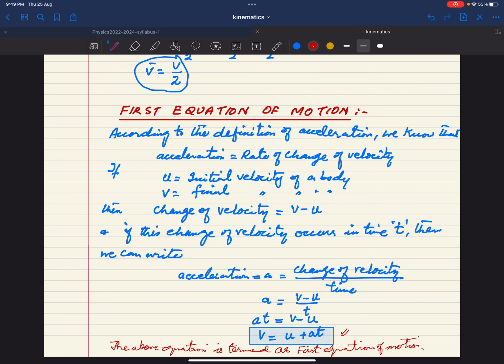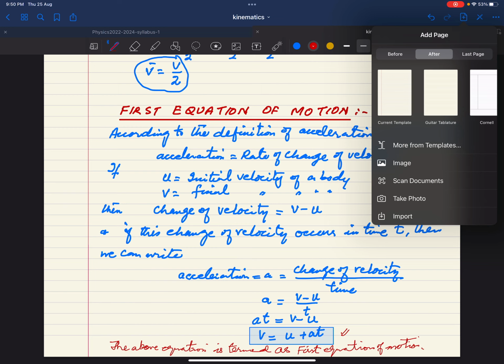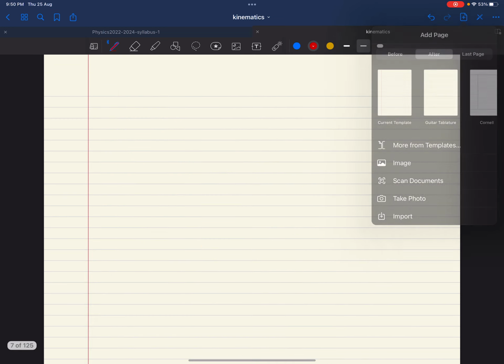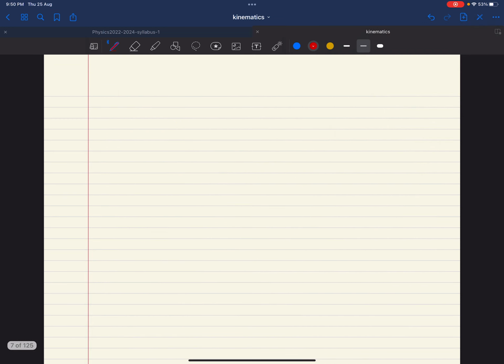Similarly, if final velocity, acceleration and time are given, you can calculate the initial velocity and so on. So out of these four quantities, three will be given and the fourth you have to calculate, so you can use the first equation of motion. Now we are going to the second equation of motion.